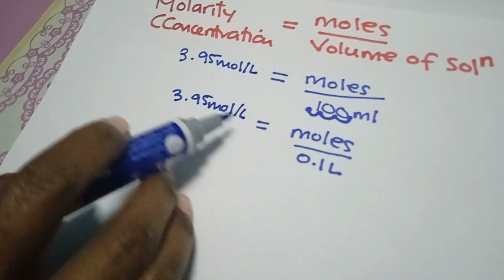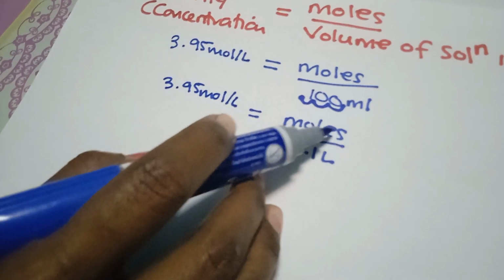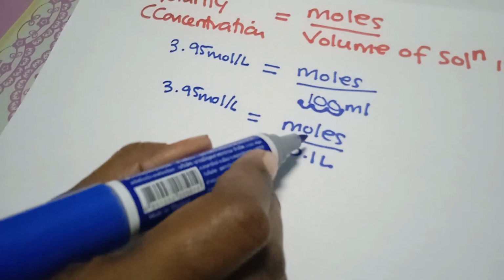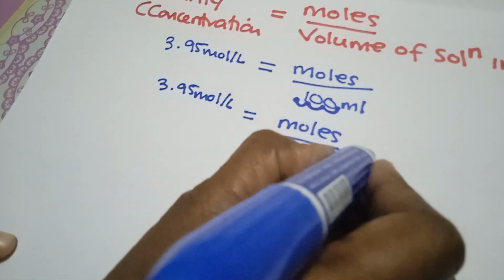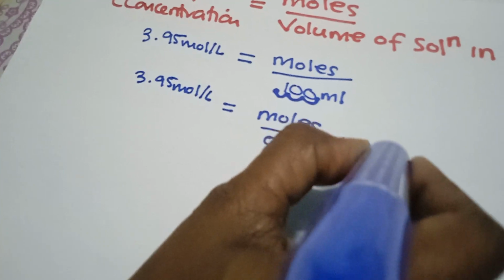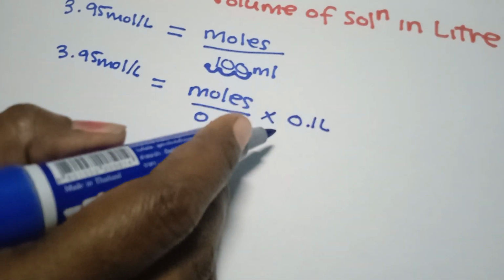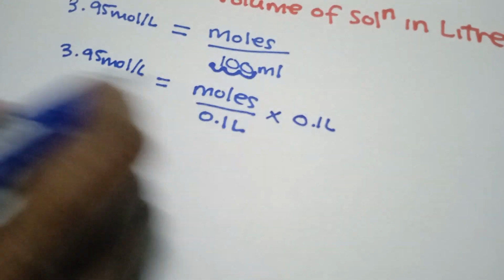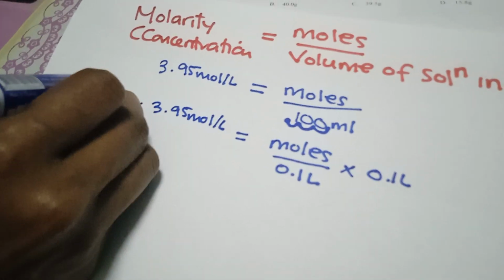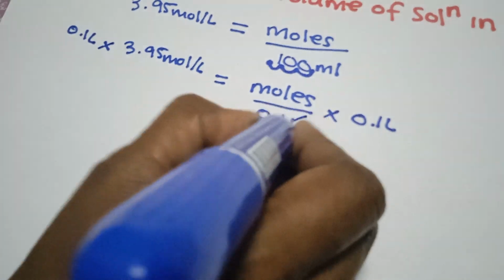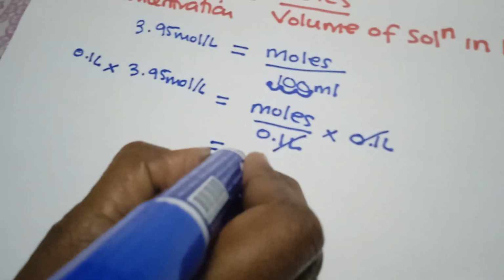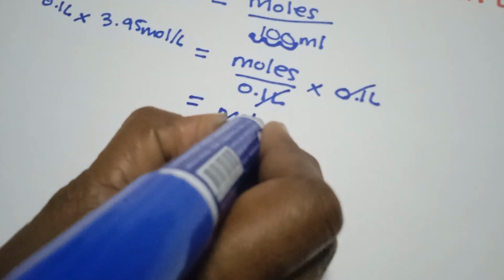Okay, when you look at it, two variables are given and you have to find the moles. In order to find this one, we need to remove 0.1 liters. So we simply multiply by 0.1 liters. Whatever you do on one side, it's an algebraic equation, so you need to balance it, times 0.1 liters on the other side. After you cancel this one off, you are left with the mole only.